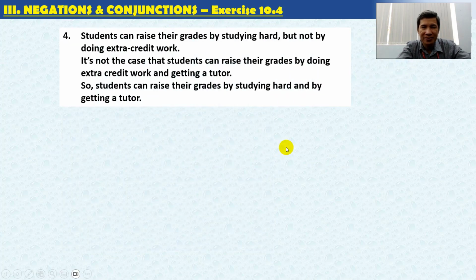Number 4. Yeah, students can raise their grades by studying hard. So studying hard, yes, but not by doing extra credit work. So extra credit work, I just say E. It's not the case that students can raise their grades by doing extra credit work and getting a tutor.